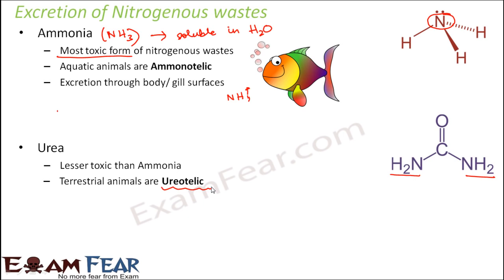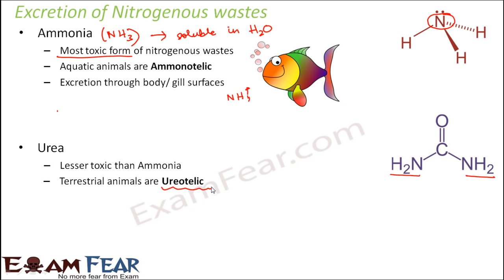That is because aquatic animals live in water, so they have a lot of availability of water around themselves. They do not mind excreting ammonia dissolved in water, because every time you excrete ammonia, you end up throwing water outside your body, since ammonia is soluble in water.